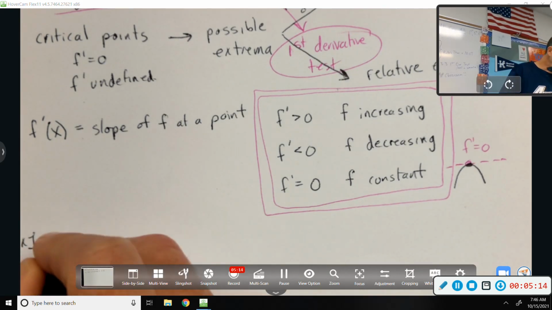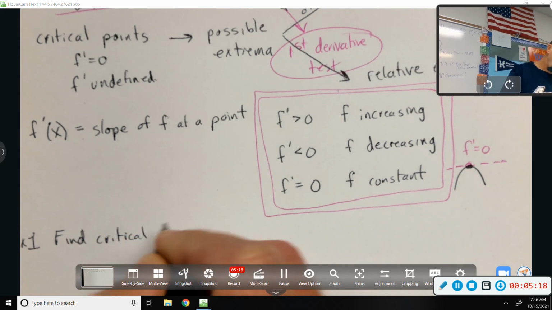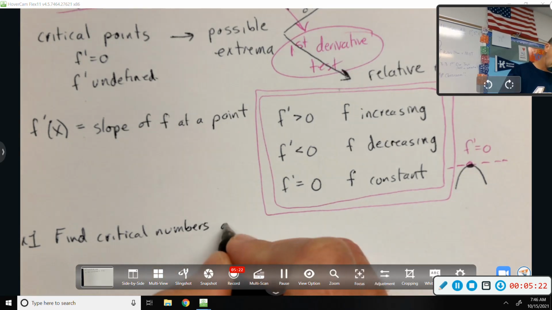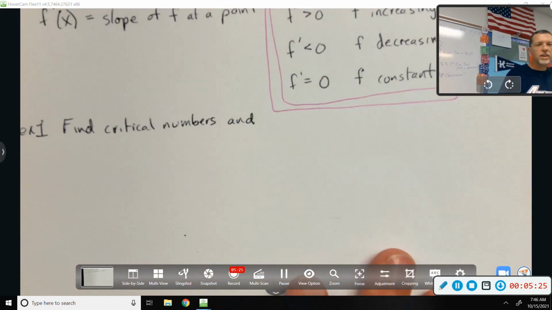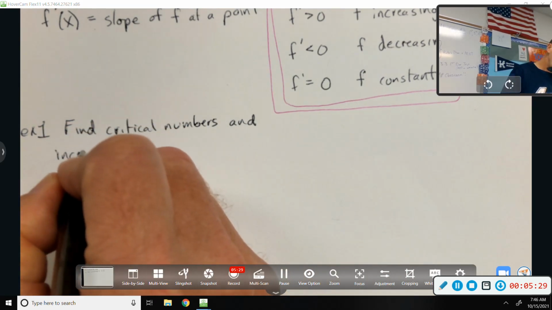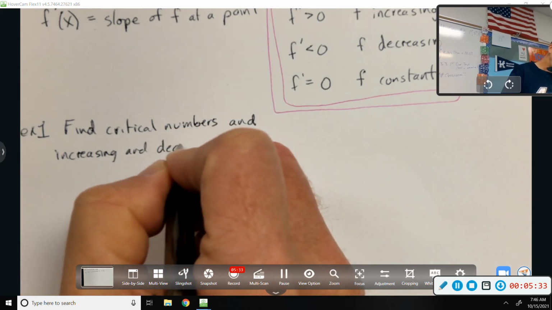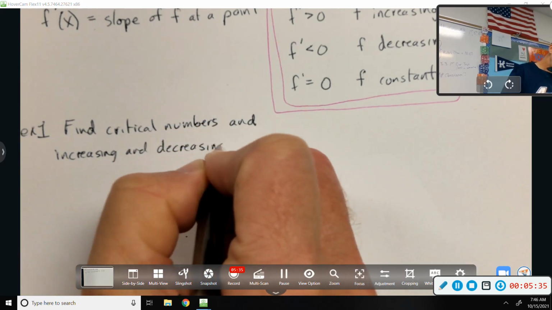So let's use that information. Let's find critical numbers. We already know how to do that. And this will be the new part. Find critical numbers and increasing and decreasing intervals.